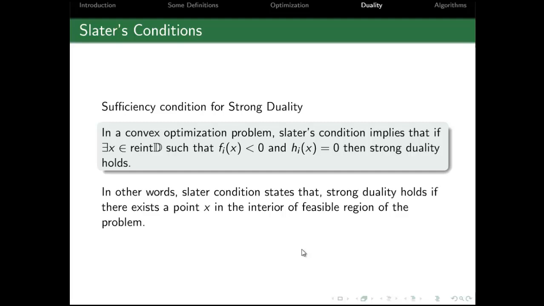So here we require the inequality constraints to be strict, and the point should belong to the relative interior and not the boundary. So for any convex optimization problem, if there exists a point inside the feasible region, then strong duality surely holds. Note that this is only for convex optimization problems and not a general result.